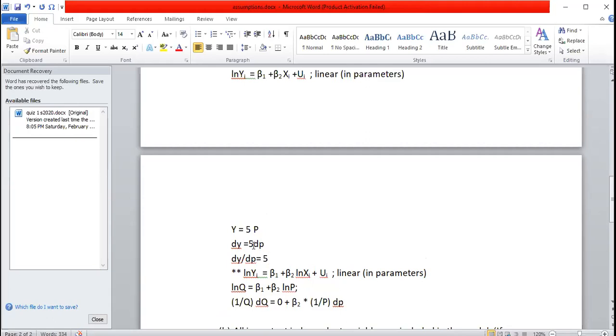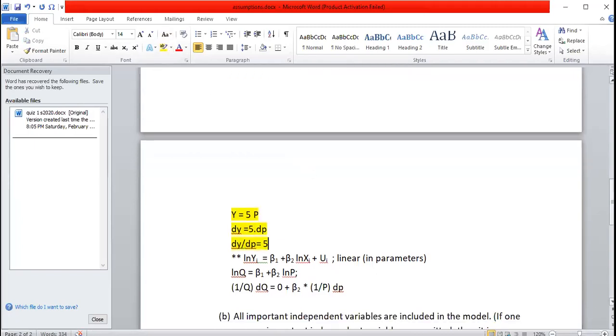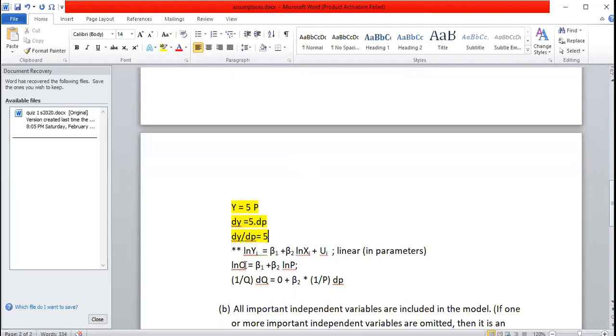Same thing here. This is not only q, this is log of q. Because it's log, you get 1 by q.